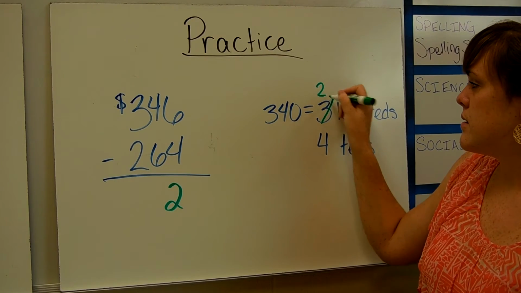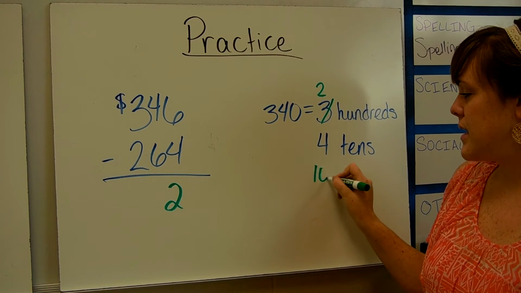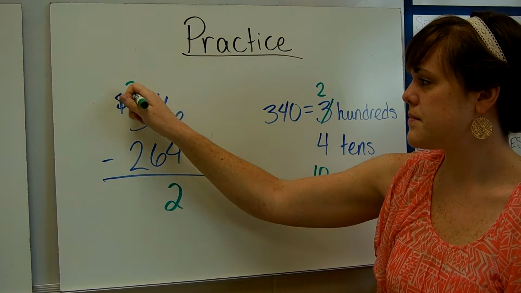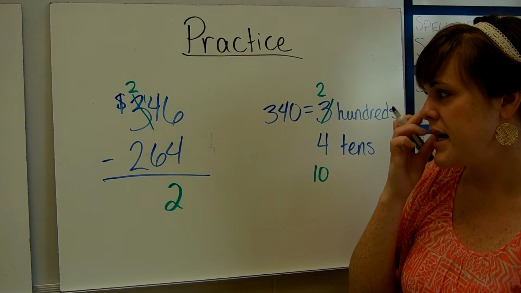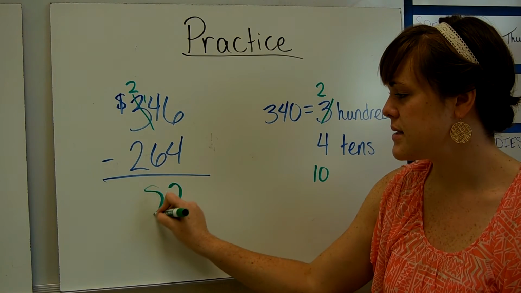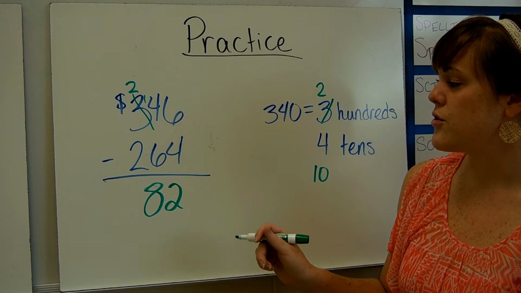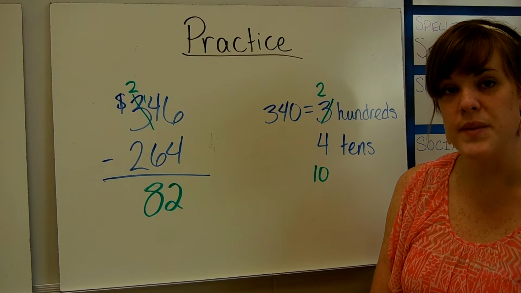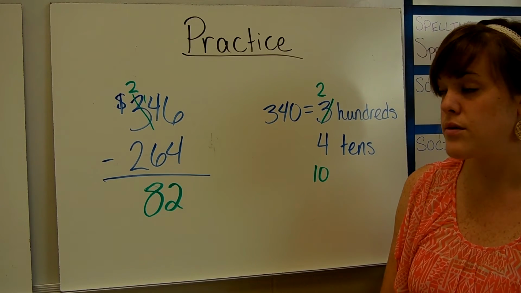Break up 100 and add the 10 10s on down here. Okay? 14 minus 6 is 8. And 2 minus 2 is 0, so that would just be 82. Write down as many examples as you need to write down in your notes.